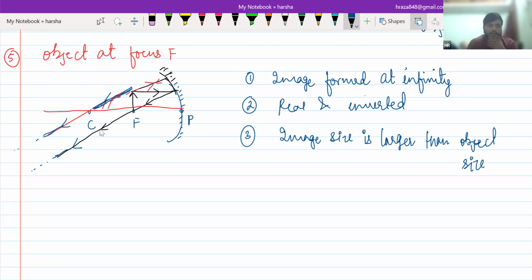So basically we suppose it will meet at infinity, and you can see that it is going far away from the principal axis, so it will be larger in size. That's why image size is larger than object size, or in NCERT it will be written like enlarged. Image will be enlarged.